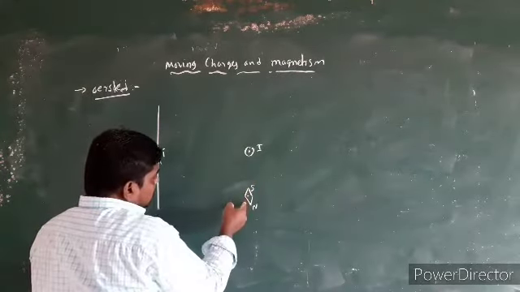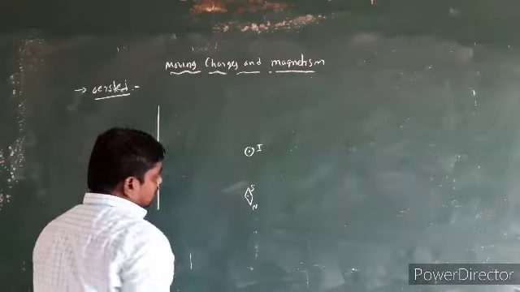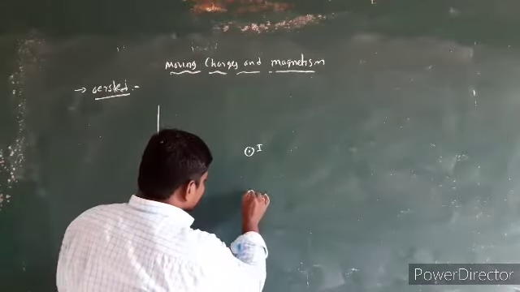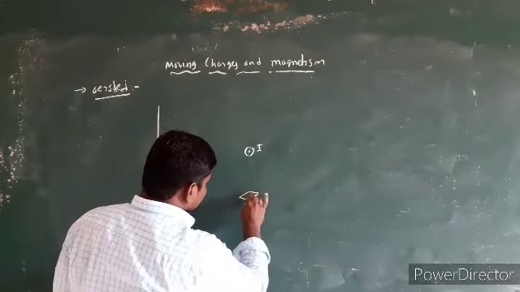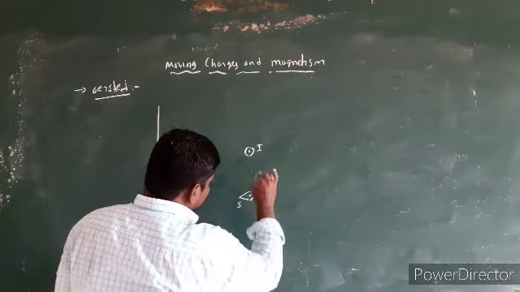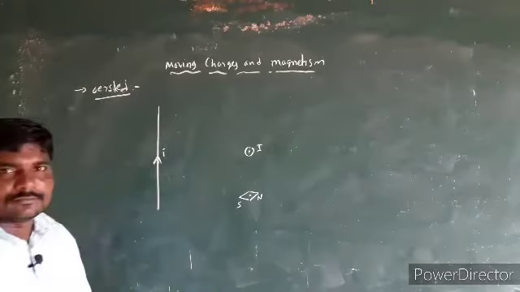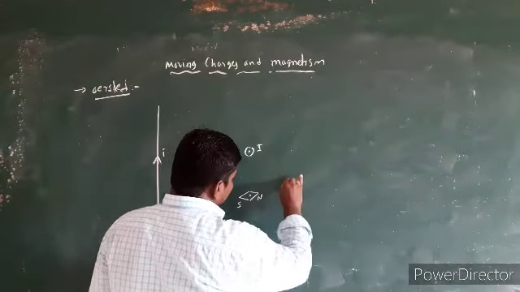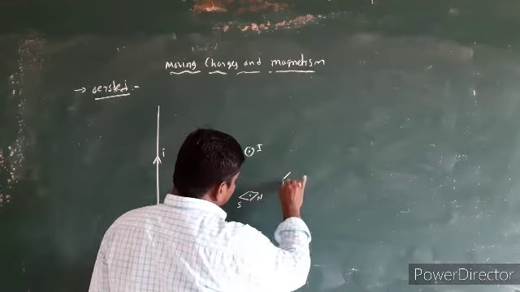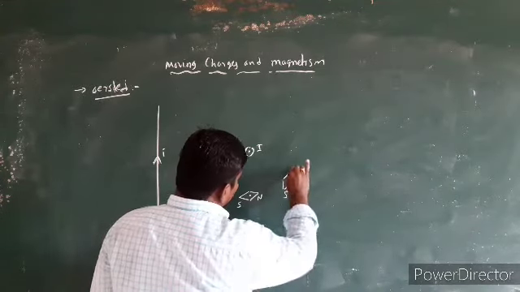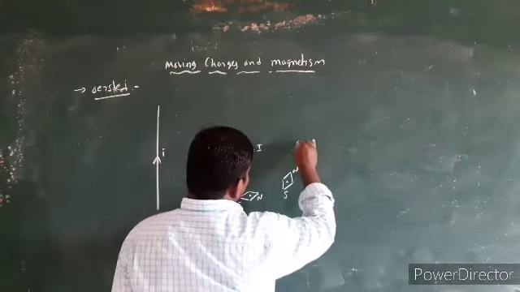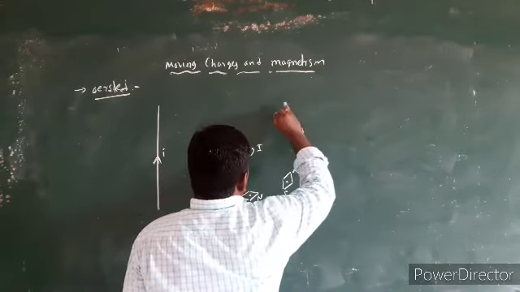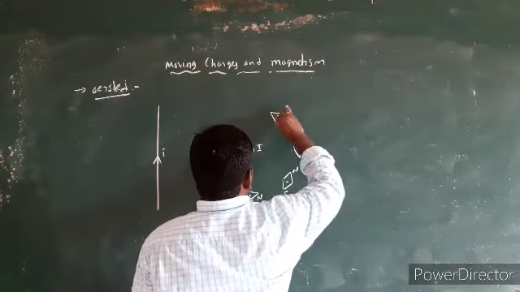When the magnetic needle is placed near the conductor carrying current, the needle deflected like this. South pole, this is north. When he placed the magnetic needle here also, it is deflected like this. At this point also it is the same.